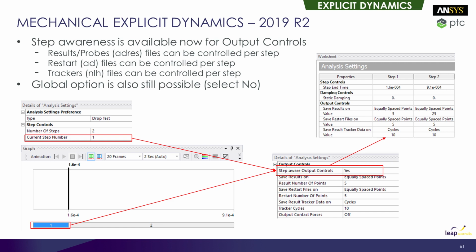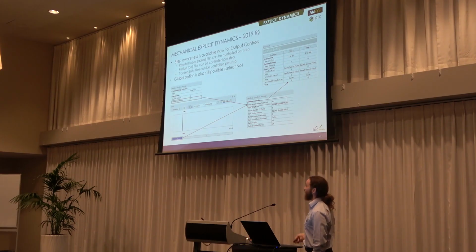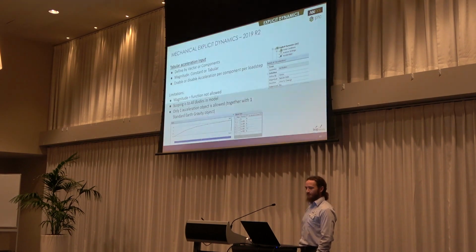But now we can have multiple time steps, just like in a mechanical implicit solution. So we can have loads and boundary conditions activated or deactivated at a particular load step. So this is much easier than previously, where we had to know the time and then specify a load curve over time where to change the behavior of the load or boundary condition. So now it can all just be done with time stepping.